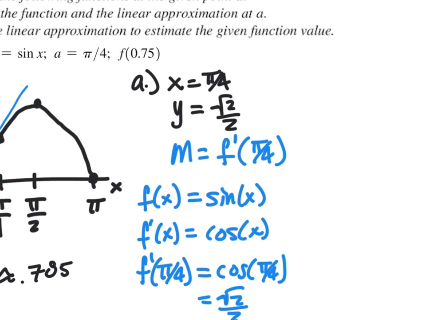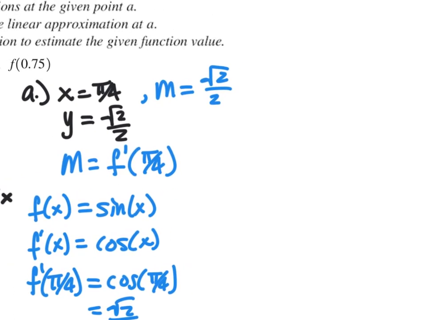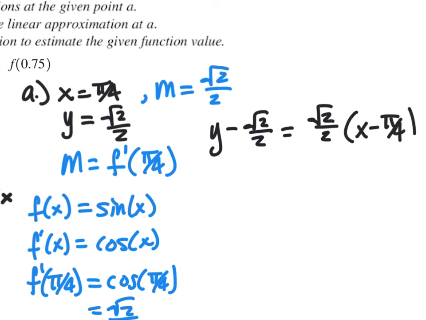So I have my x value, I have my y value, and I just need to find my slope, which is equal to just the square root of 2 over 2. So if I plug all this back into the equation of a line, I'm going to get y minus y sub 1, which is the square root of 2 over 2, and that's equal to the square root of 2 over 2 times x minus pi over 4.